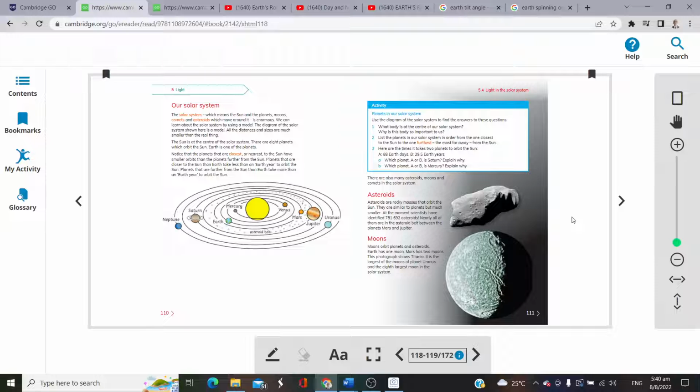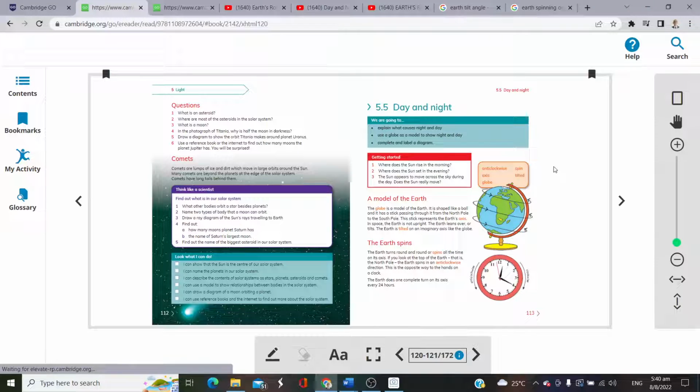Okay. Asteroids, moons. So asteroids and moons are not planets. Okay. So in the solar system, we only have one star, which is the sun, eight planets, and some celestial bodies like asteroids, moons, and also comets.